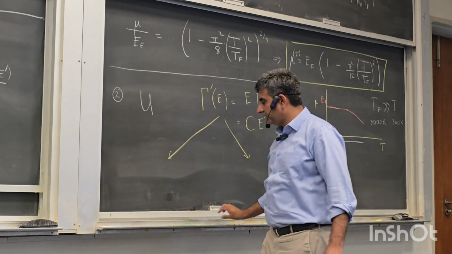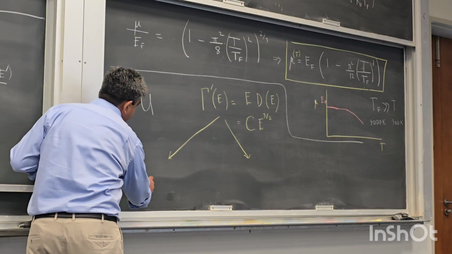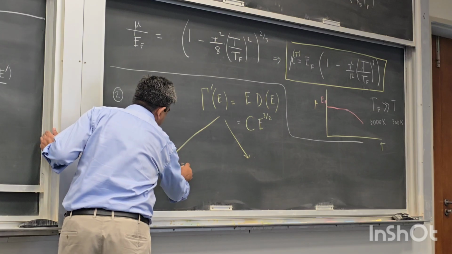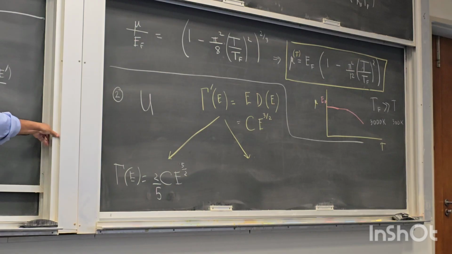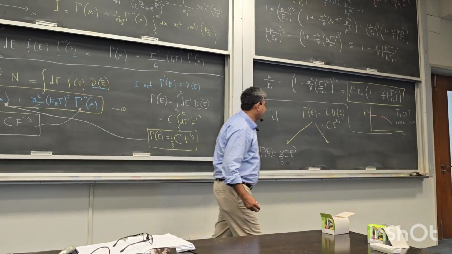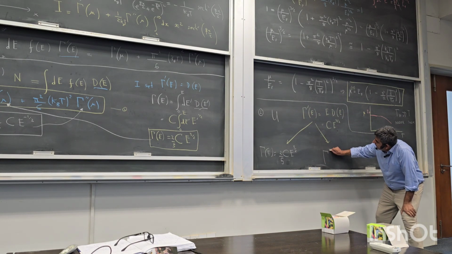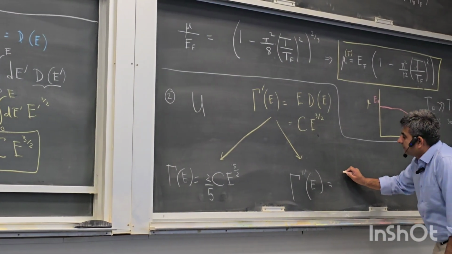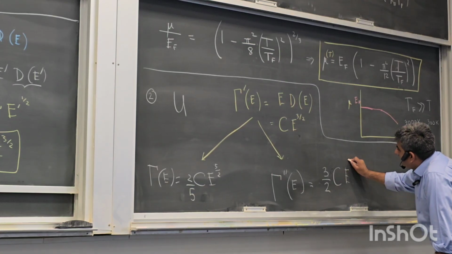I can calculate the integral, which will yield gamma(E), which is 2 by 5 C E raised to the power 5 by 2. And I can calculate the derivative of gamma prime, gamma double prime(E), which equals 3 by 2 C E to the power 1/2.